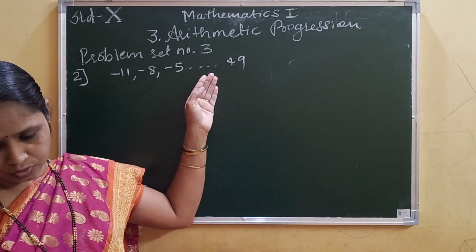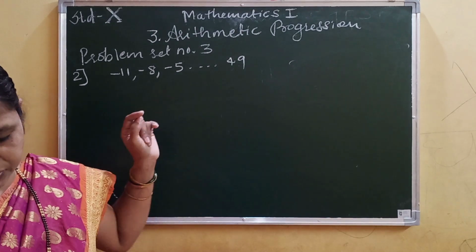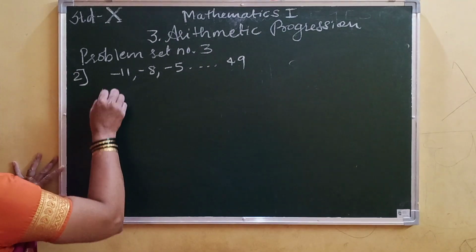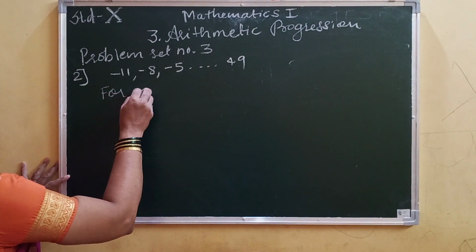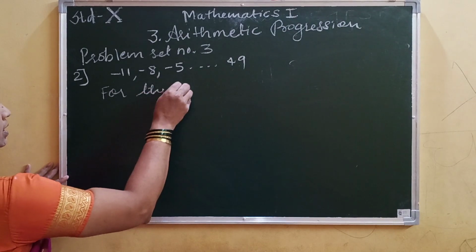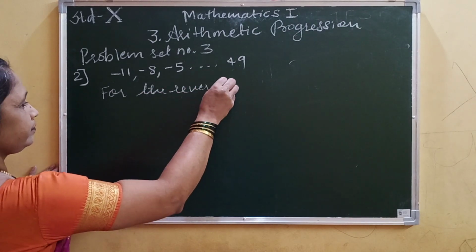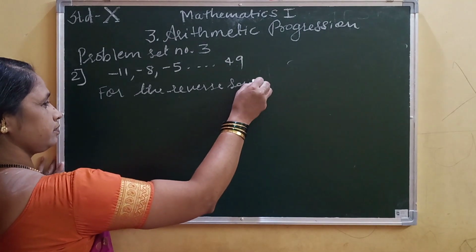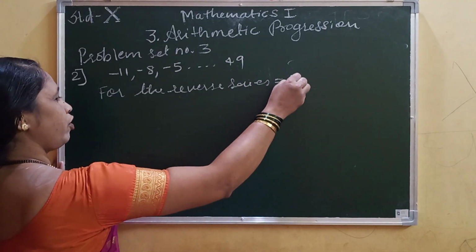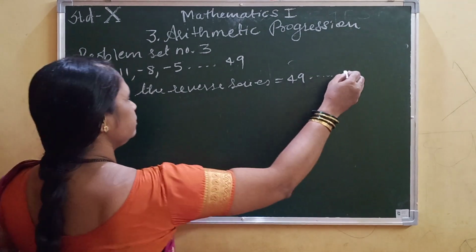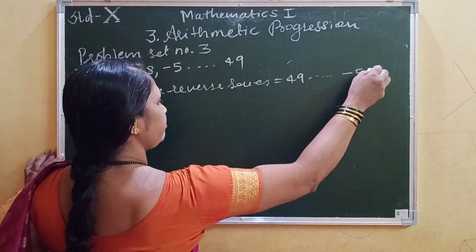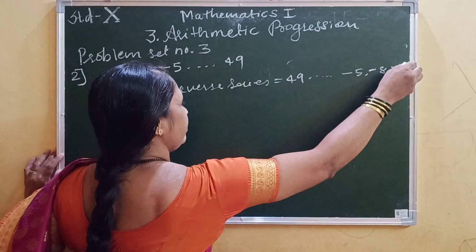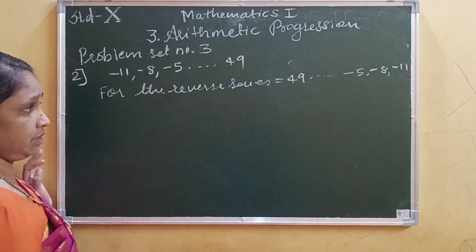Now we will consider the reverse series. It will be 49, and so on, minus 5, minus 8 and minus 11. Like this it will be the series.